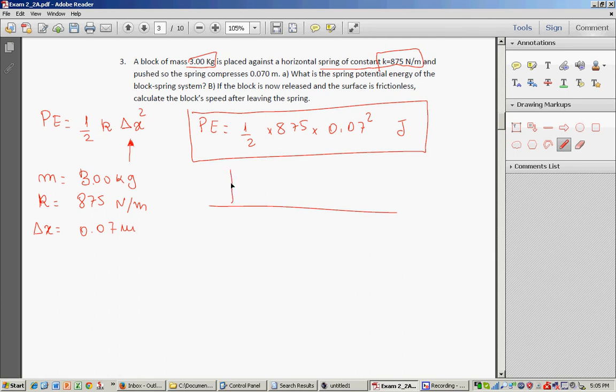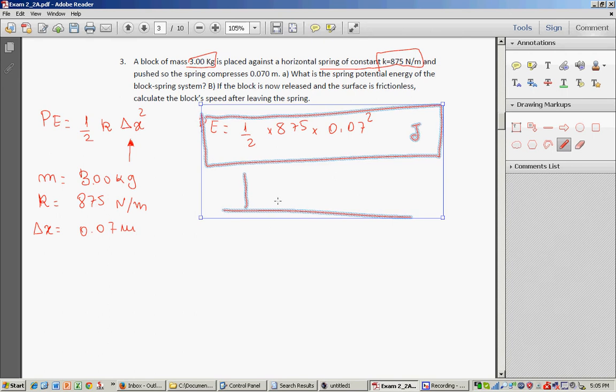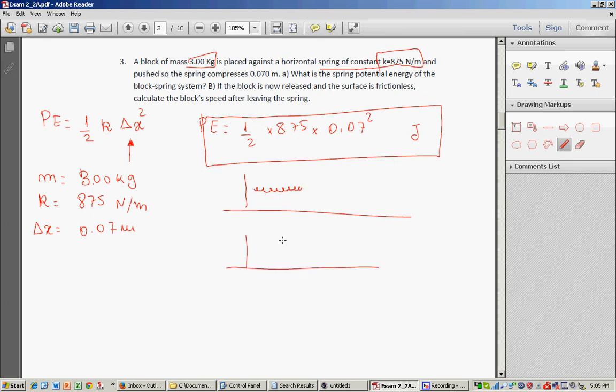So basically the idea is you have a relaxed spring like that, and then you compress it because you bring a block and you force the block to stay at that configuration.